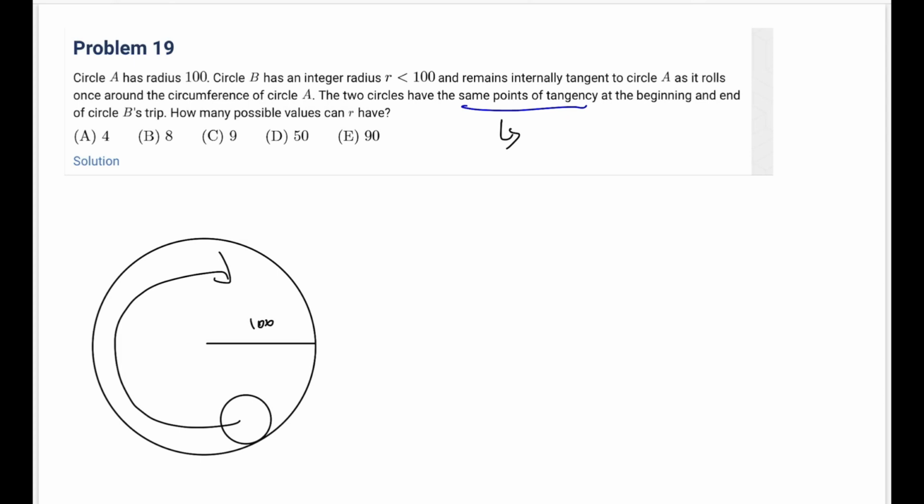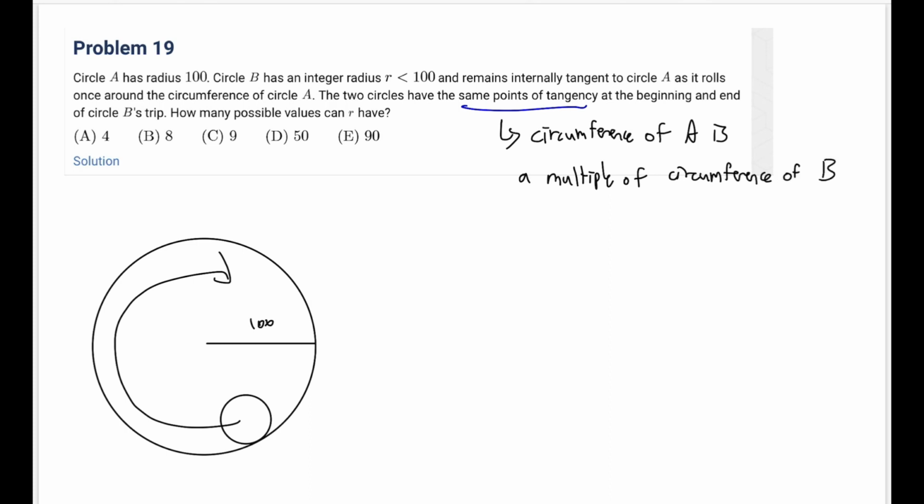that the circumference of circle A is a multiple of the circumference of B, right?